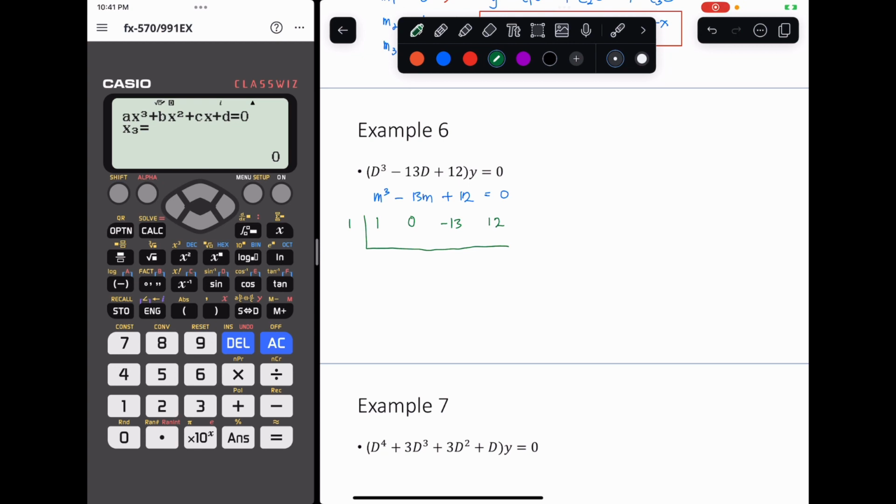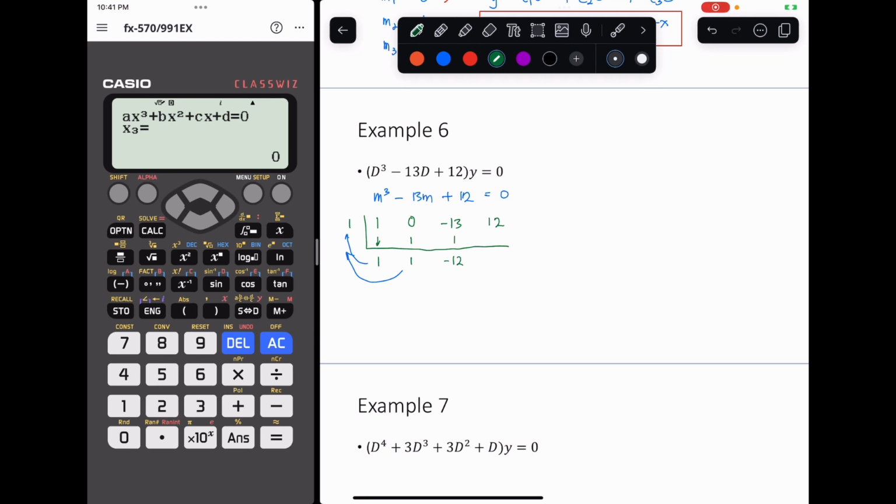So what I'm going to do is bring this down first, which is 1. And then I will multiply 1 to 1. So 1 times 1 is 1. Then I'm going to add 0 plus 1, which is 1. Then I'm going to multiply it again. So 1 times 1, it's still 1. And then negative 13 plus 1 would be negative 12.